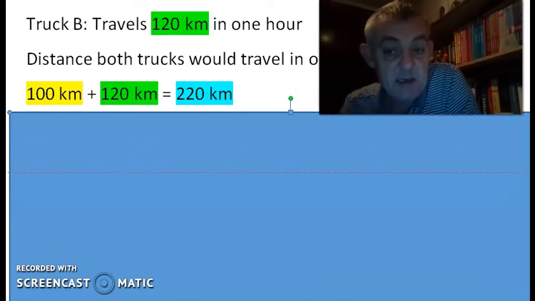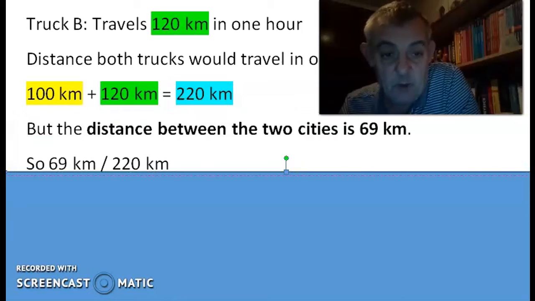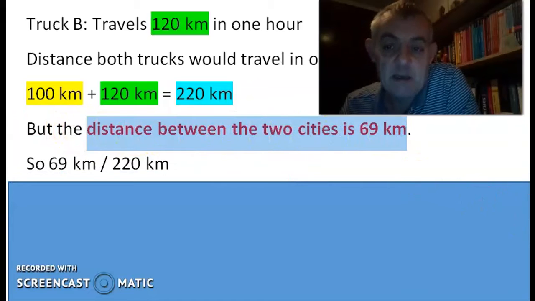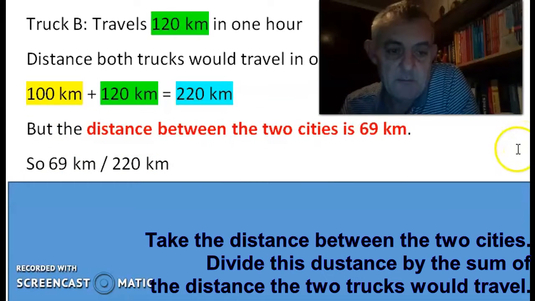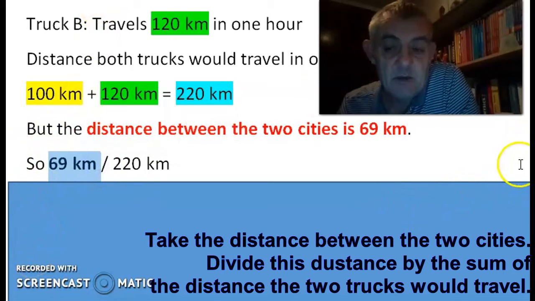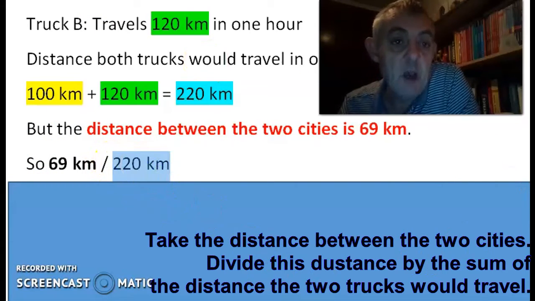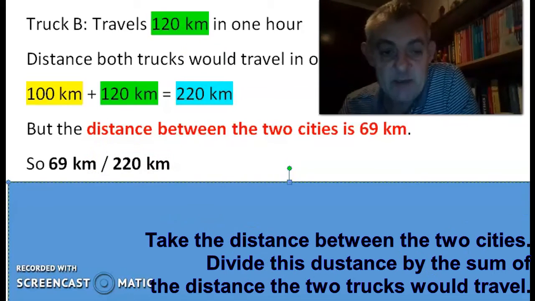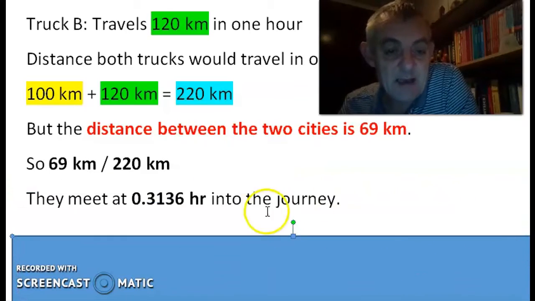But the cities are only 69 kilometers apart. So there you can see the two cities are only 69 kilometers apart. So what we do is we take the distance between the two cities, which is 69 kilometers, and we take then the total distance that both trucks could travel in 1 hour, which is 220 kilometers, and that will give us the time that it will take the trucks to travel 69 kilometers.